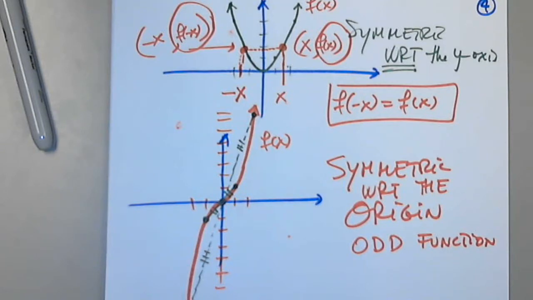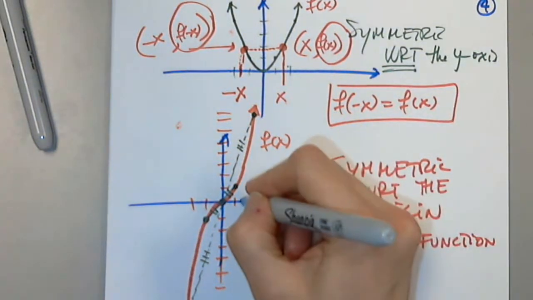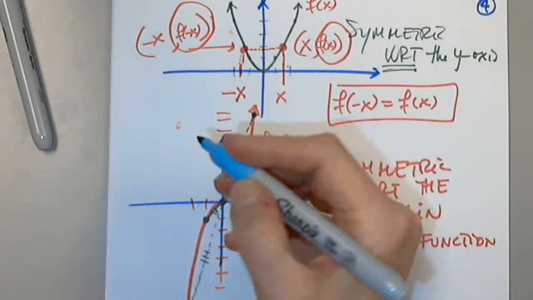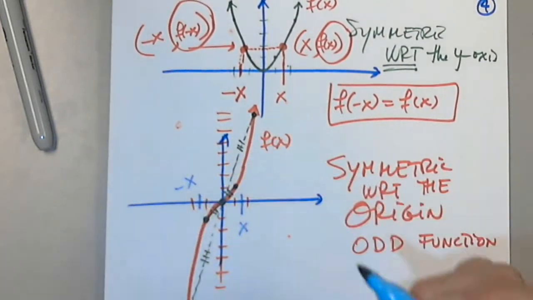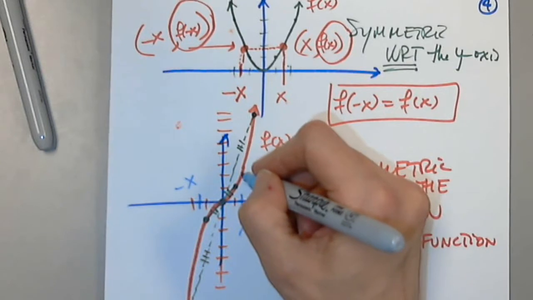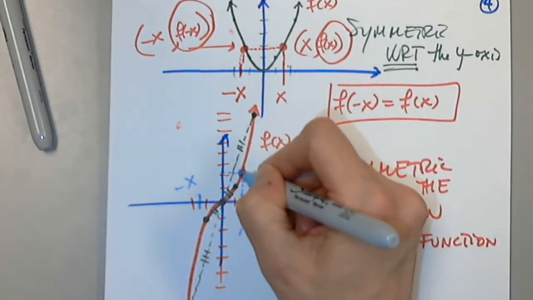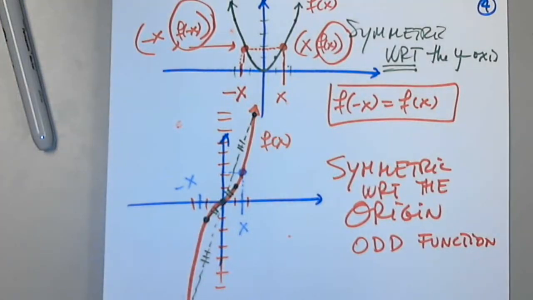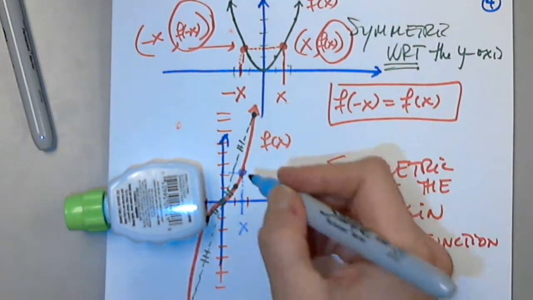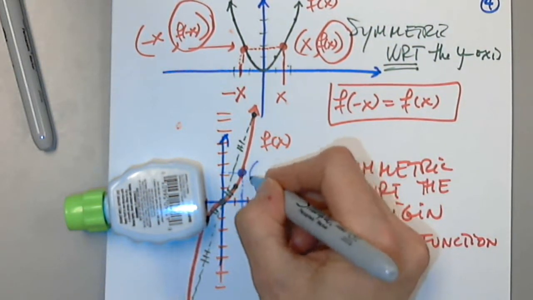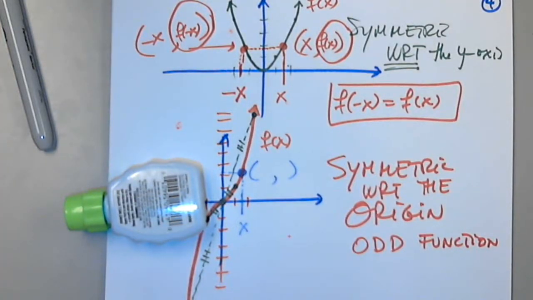Okay. Again, I'm coming back with the same idea like before. I'm going to say this is my x. I'm going to say this is my negative x. I want to determine the coordinates of this point. Do not look at the other one just yet. So please give me the coordinates of this point.